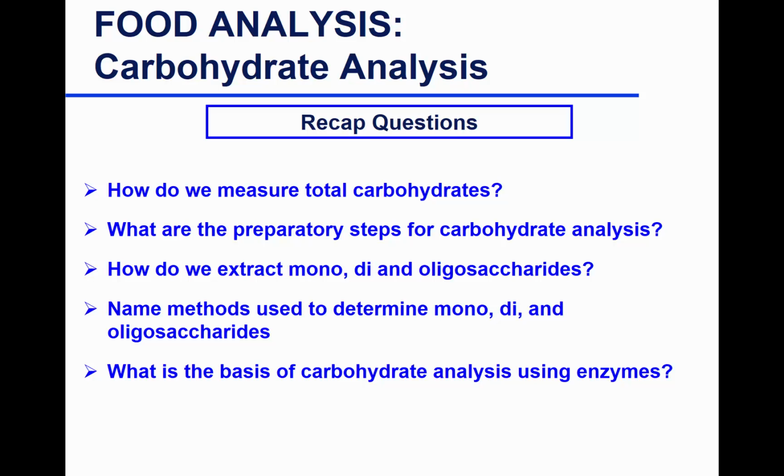Enzymatic method. Before the enzymatic methods, you want to extract them or separate them from proteins and starch. If it's for an enzymatic method, there is one procedure. If it's just a chromatography method or colorimetric method, there is a special procedure that you would have to use to extract the monosaccharides and oligosaccharides from the complex mixture, and that would be by solvent extraction.